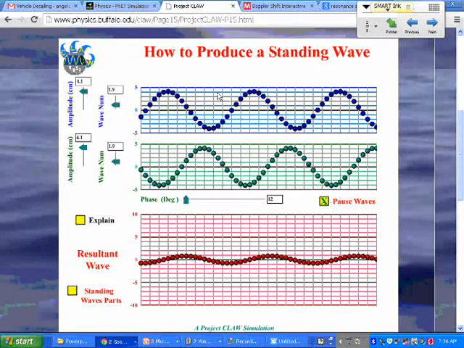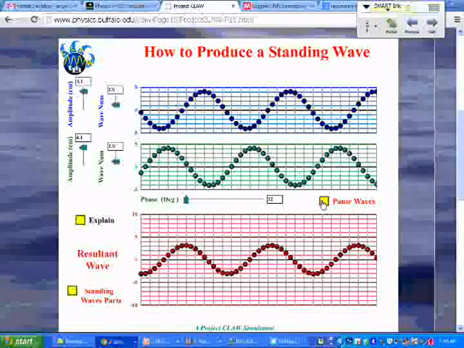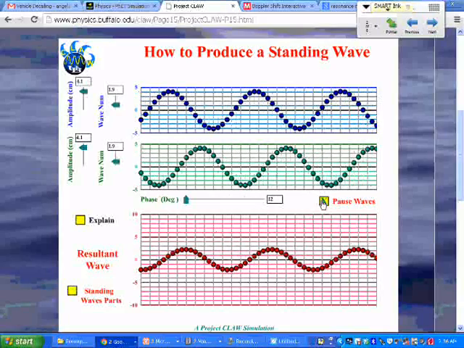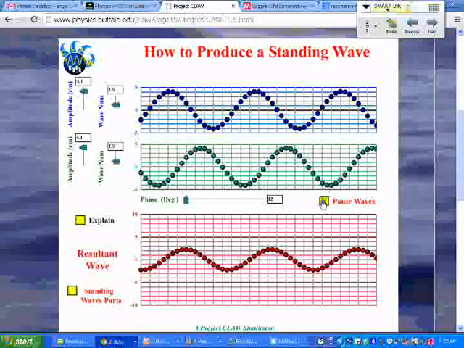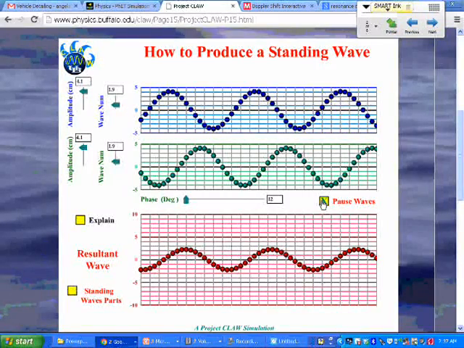The amplitude of this wave is going to be different than the resultant wave, right? Because they've actually created larger amplitudes at times, but then they've also created nodes, which are no vibration.